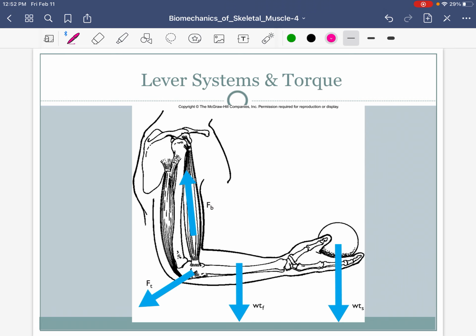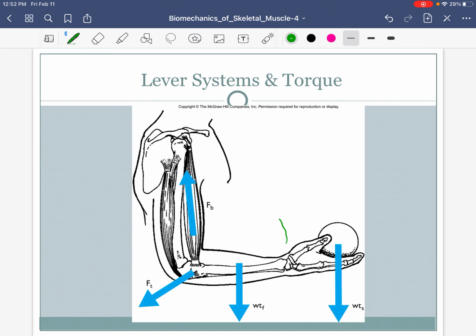All right. So now we're going to start to get into more of the specifics, right? There are a lot of different loads acting on a muscle. Now, I'm never going to ask you to draw this, but I do want to make some points, okay? And the first point is there are multiple loads acting on a muscle. What this is trying to show you is the act of a bicep curl.